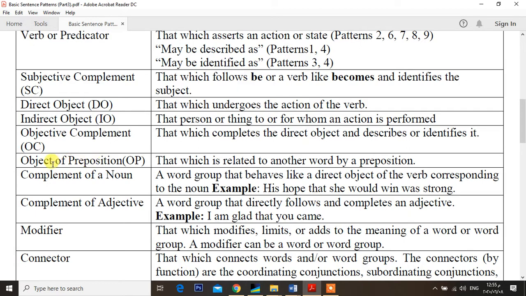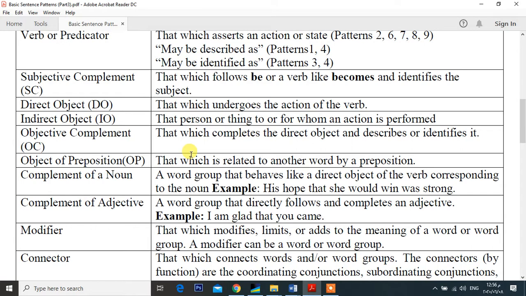The next one, object of preposition, and it's abbreviated OP. The function of this OP is that which is related to another word by a preposition. For example, can you see from where you sit?